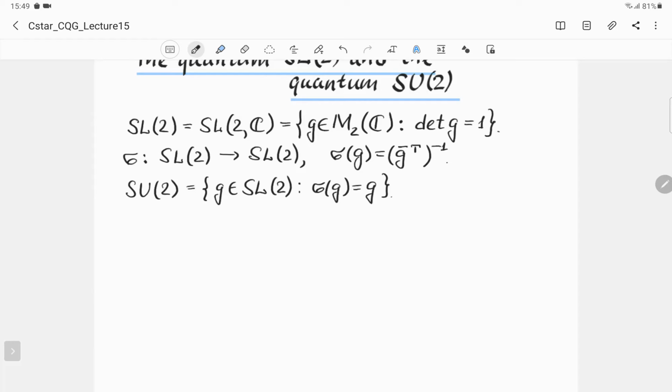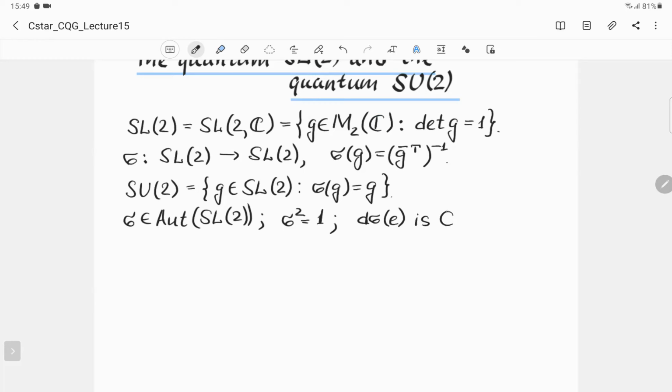Also, sigma is not just a map. Actually, sigma is a group automorphism of SL2. Moreover, it's an involution in the sense that sigma squared is the identity map. And also, if we take the differential at the identity, the resulting map is clearly linear over the real numbers, but it is antilinear over the complex numbers.